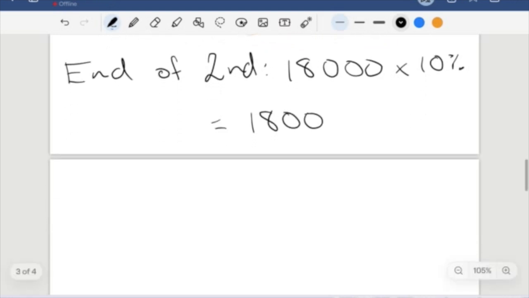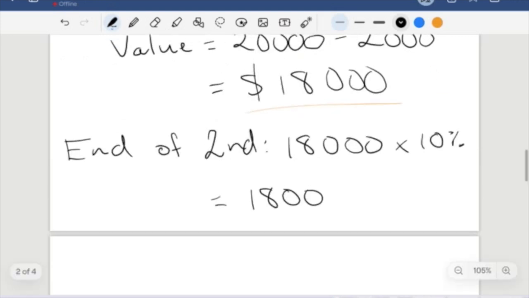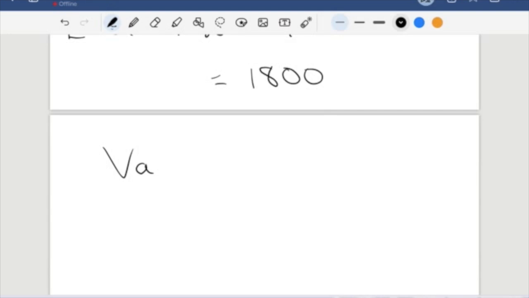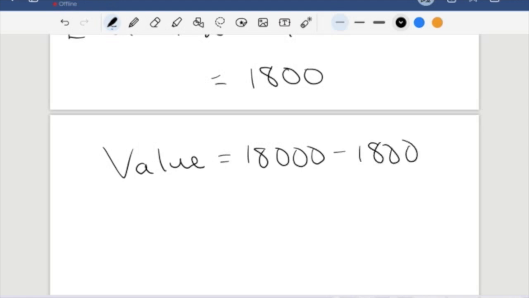So my value is going to be 18,000 minus 1,800. Once I do that, you guys can pause, pop this into your calculators. But once I take 18,000 and I minus 1,800 from it, it's going to give us 16,200.